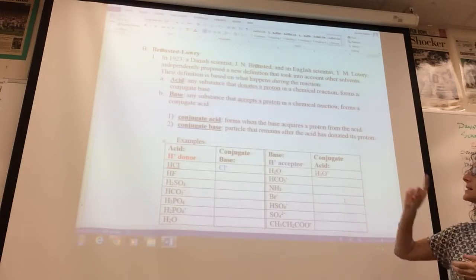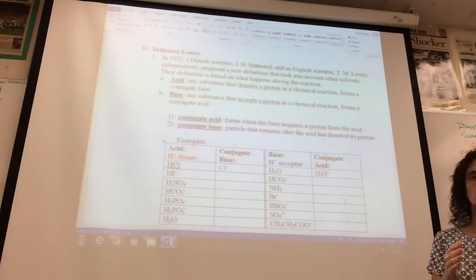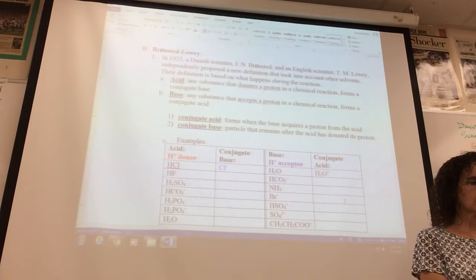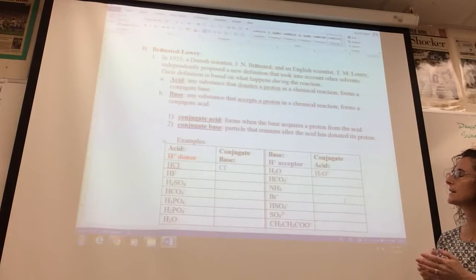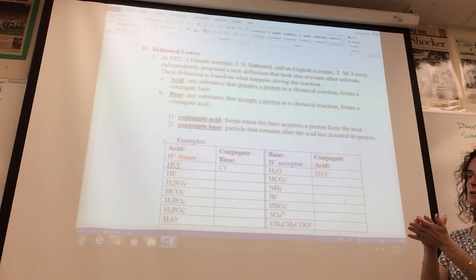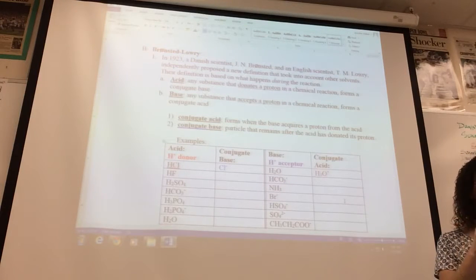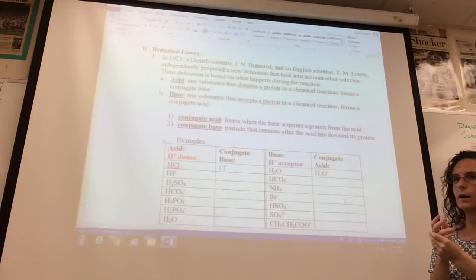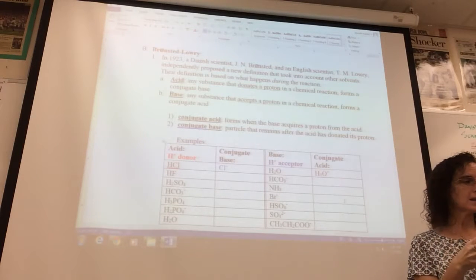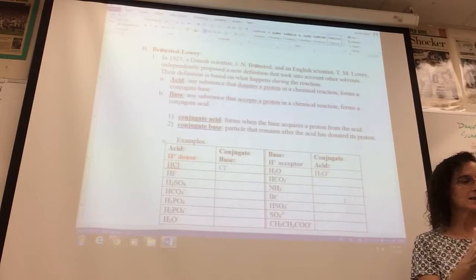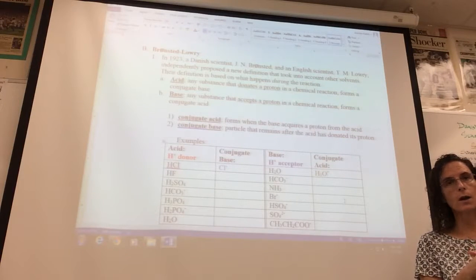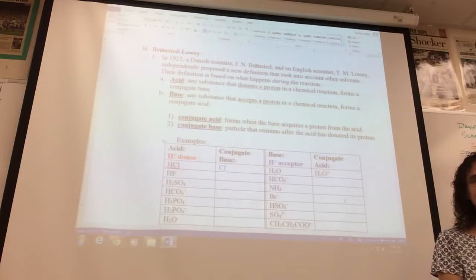A base accepts protons, forms a conjugate acid, and the base accepted the protons from the acid. The key thing is that a Bronsted-Lowry acid is a proton donor, and a base is a proton acceptor.